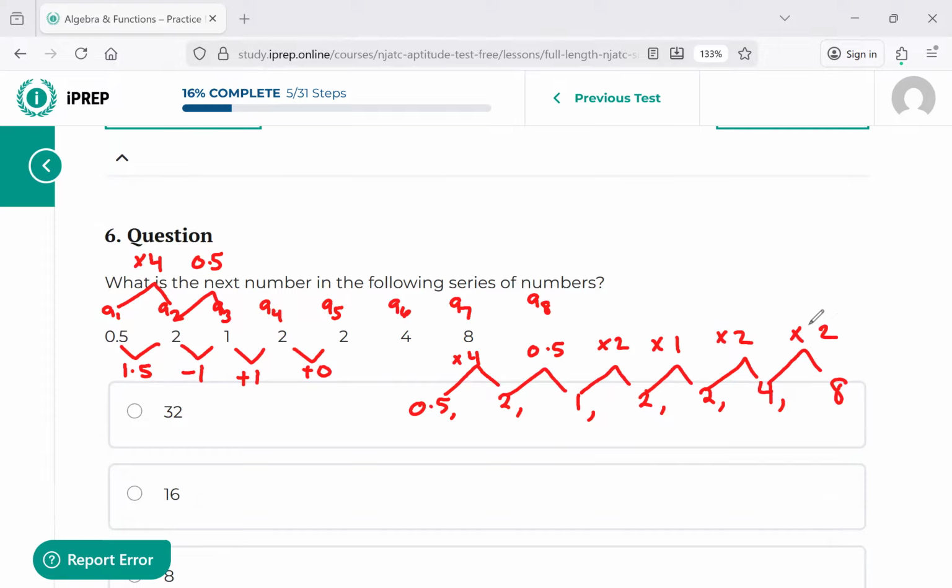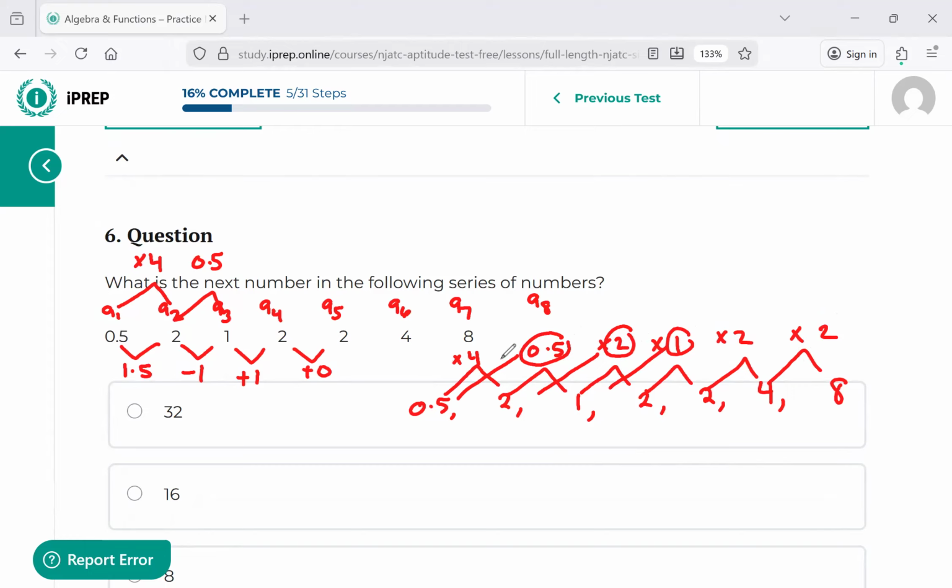Okay, so do you see a pattern? Oh, look. Here you have 0.5, which is related to the first term. And then here you have 2, which is related to the second. And then here you have 1, which is related to the third. Do you see the pattern?